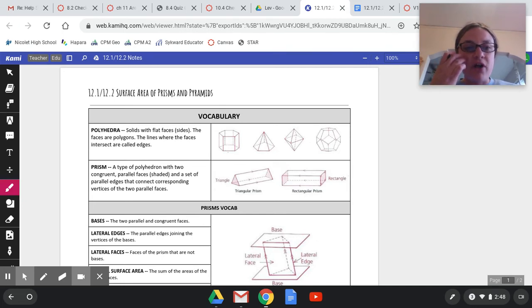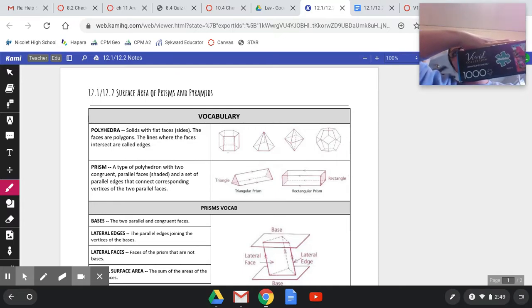First of all, polyhedra are just solid figures that have sides created by polygons. A specific type of polyhedron is a prism. If you picture a box, I have this puzzle box right here. This top and bottom are the bases of the prism, and they are parallel to each other.